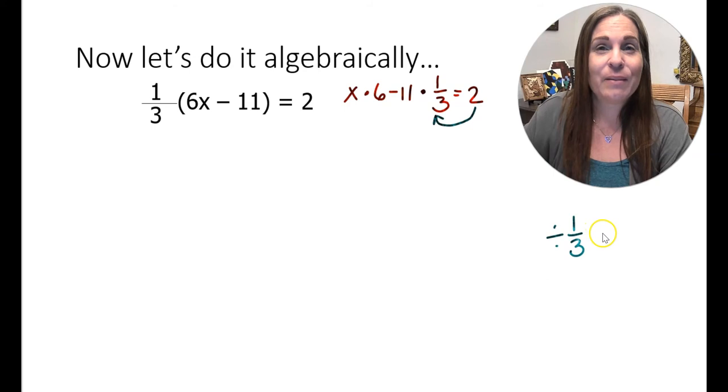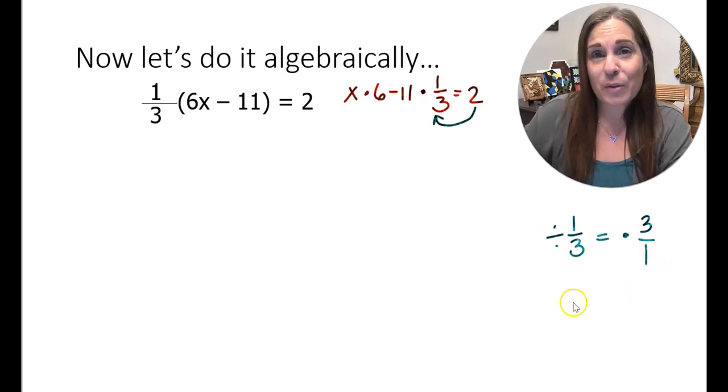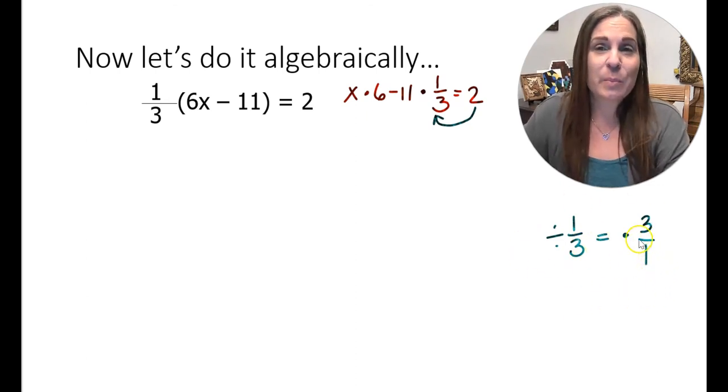Are you thinking about it? When we divide by a fraction, we do keep, change, flip. So to divide by a third, that's the same thing as multiplying by 3. That's how we do it, right? Dividing by a fraction, we keep, change, flip.